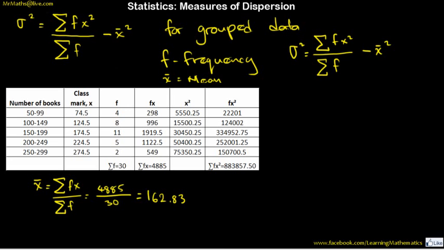So now we can use the formula for variance. First, what is the summation of fx squared? This is the value, quite a big number there: 883,857.5, divided by the summation of frequency, which is 30, minus 162.83 squared.